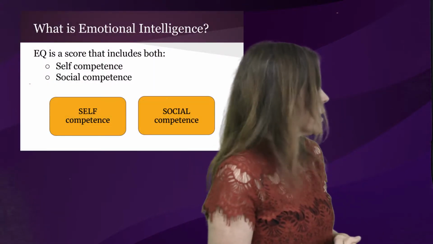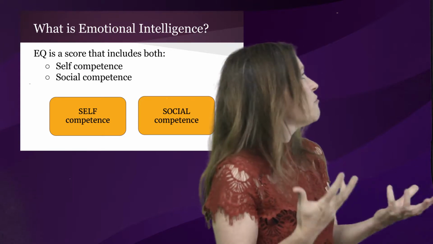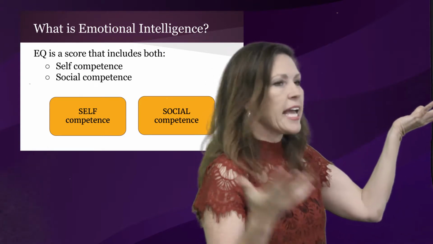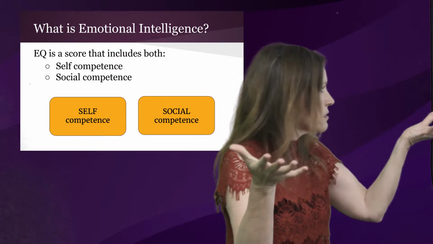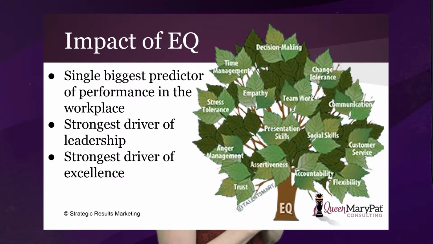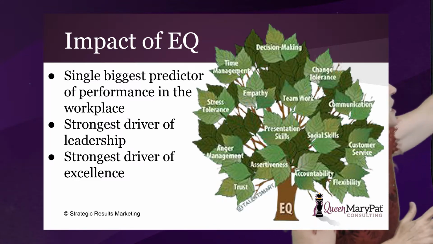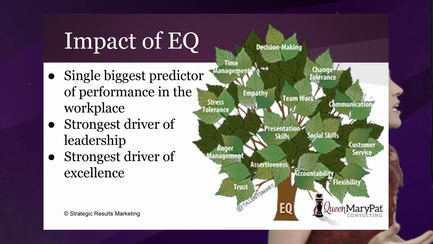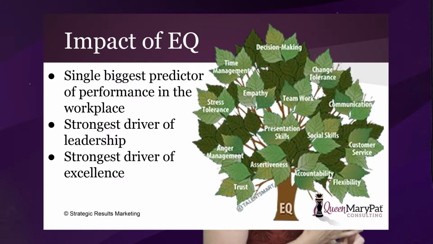So, emotional intelligence is a score that is a combination of both self-competence and social competence. The impact of emotional intelligence is so much. It affects your decision making, your tolerance about changes, communication, customer service, social skills, presentation skills, anger management.